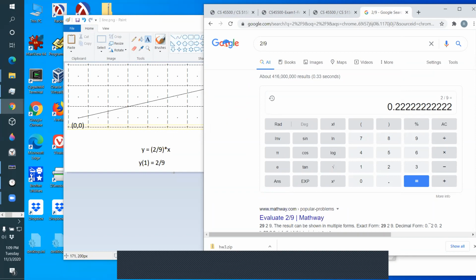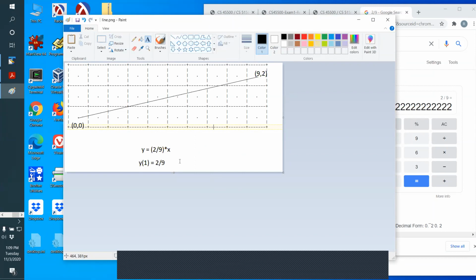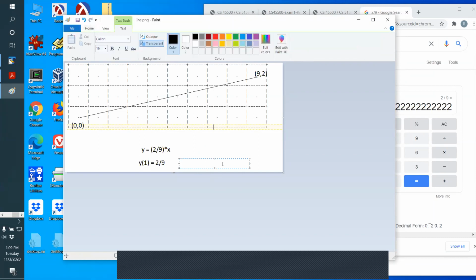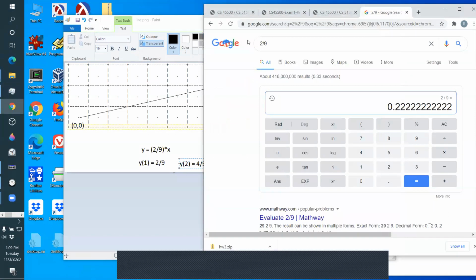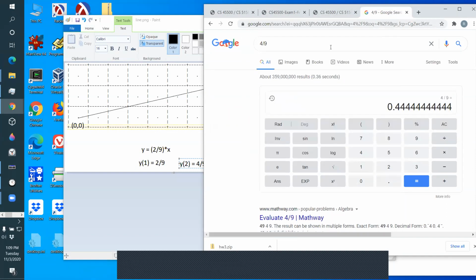Now what about the next column over? So 0, 1, 2. Do another logical pixel, y of 2 equals 4/9. So 4/9 is 0.4444.